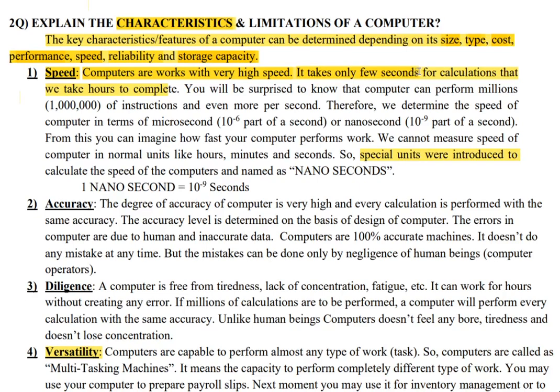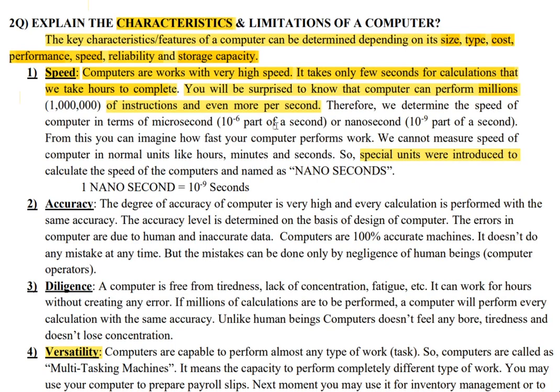It takes only a few seconds for calculations that would take hours to complete. You will be surprised to know that a computer can perform millions of instructions, even more, per second. Within a fraction of a second it executes millions of instructions.